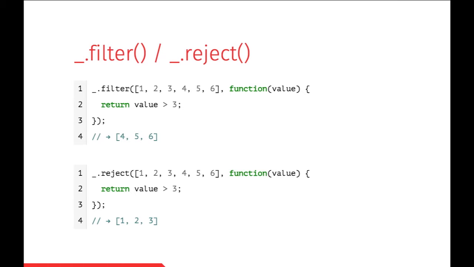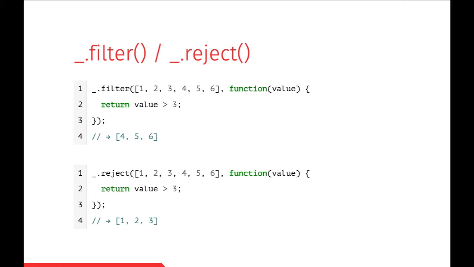I said practical examples, and there will be one. Filter and reject methods. As you can see, we can filter an array. So we take a value that is more than 3, and we get an array only with those values.